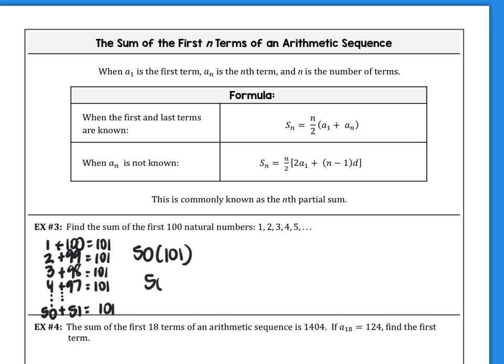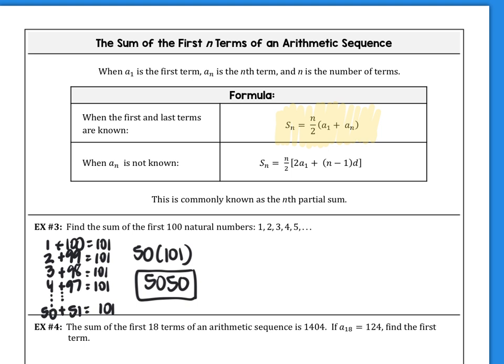So that total would be 50 times 101, 5,050. And that's how the formula was actually figured out. Somebody's like, wait, we can use this on any of them. So our formula, the one right here at the top, n over 2, because it's half of the group, right?